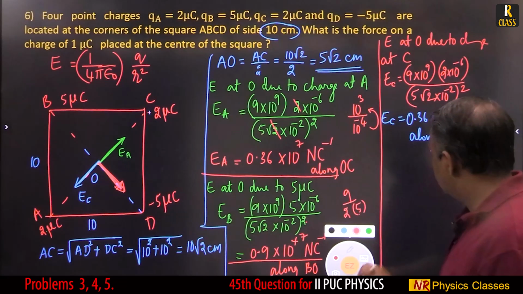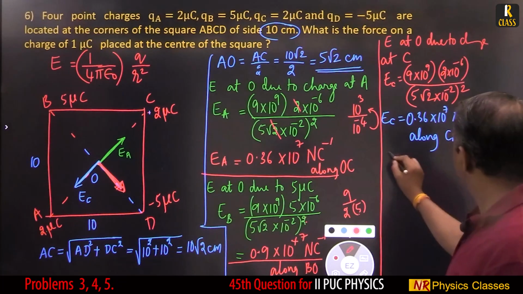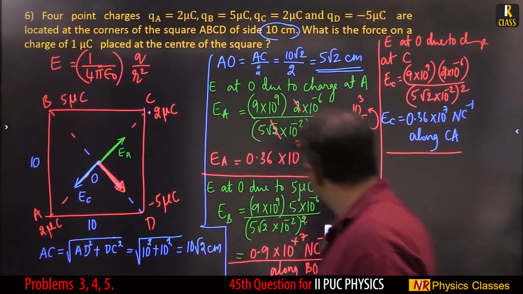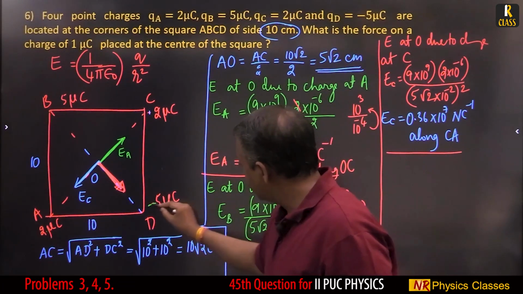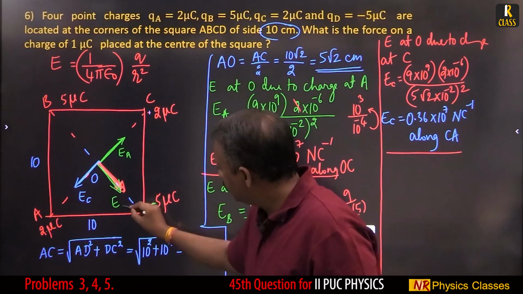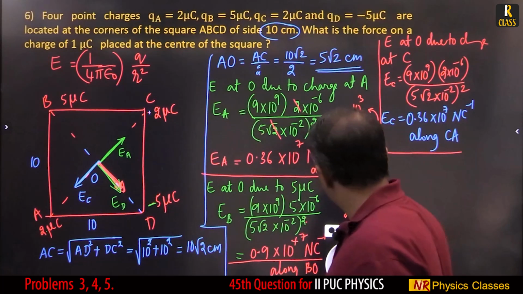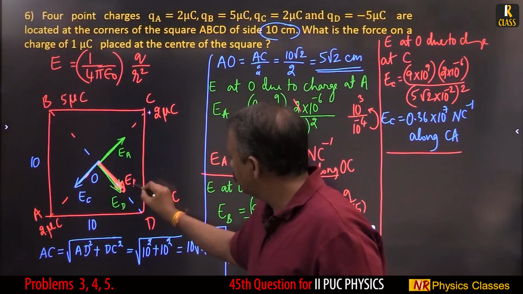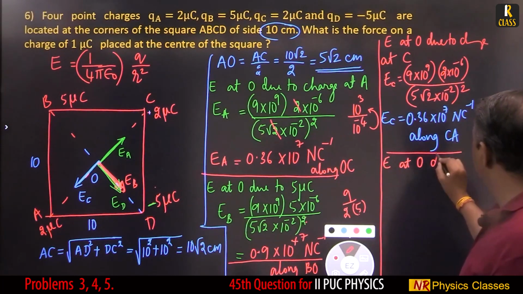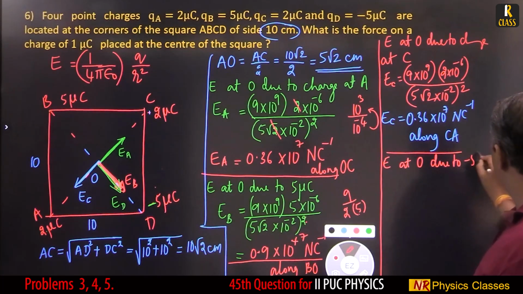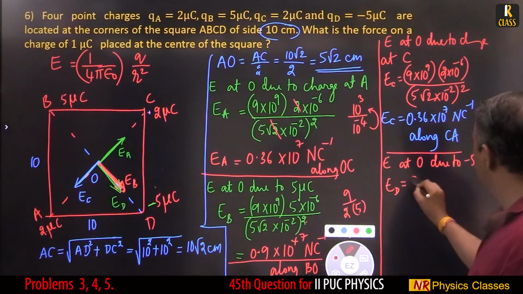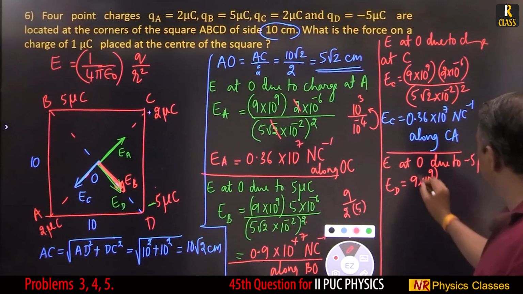Now electric field at this point due to minus 5. Due to minus 5, take care of this negative sign. So this is the electric field ED due to D. This one is the electric field due to B. Electric field at O due to minus 5 microcoulomb, ED equals 9 times 10 to the power of 9.